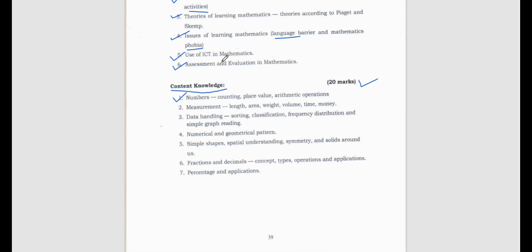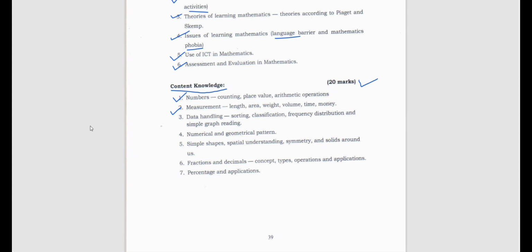Now let's go to the second part, number 2: measurements. When we were kids, we went to stitch our school uniforms in the shop, right? And there the shopkeeper takes the measurements, the waist, the chest.